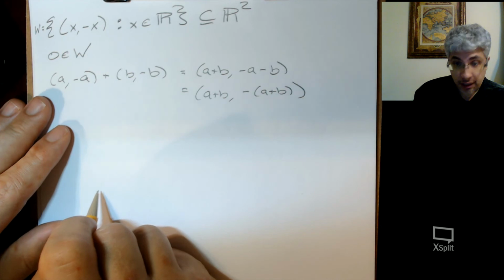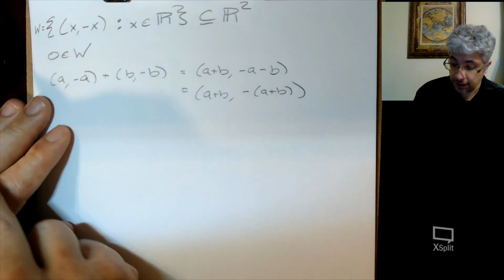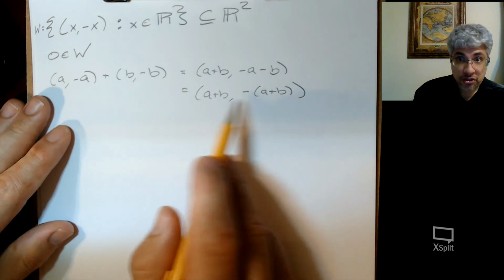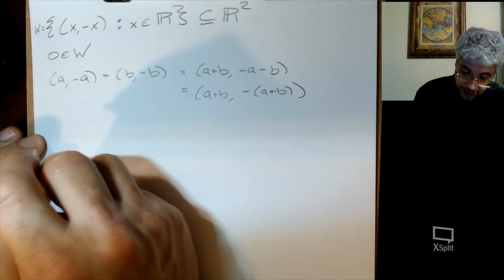So what can we see? If you start off with two things in the form (x, minus x), I get something of the form (x, minus x). So this is closed under addition, but also scalars.